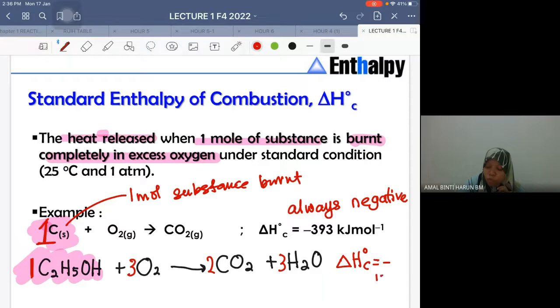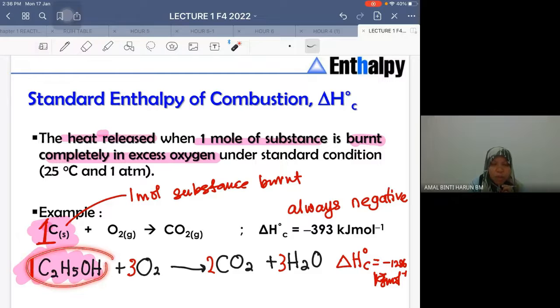Negatif apa? 1286 kilojoule per mol. Maksud dia, 1 mol etanol terbakar di dalam excess oksigen menghasilkan CO2 dan H2O akan membebaskan heat sebanyak 1286 bila 1 mol etanol terbakar.